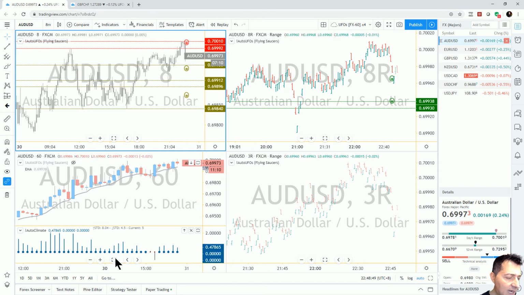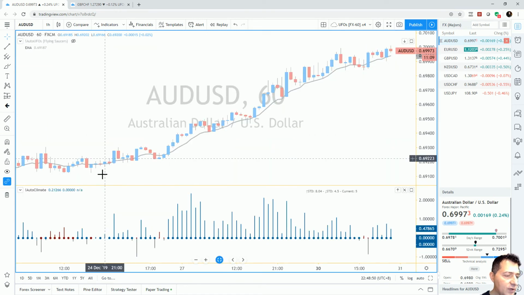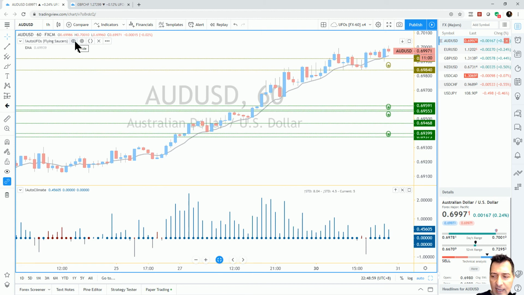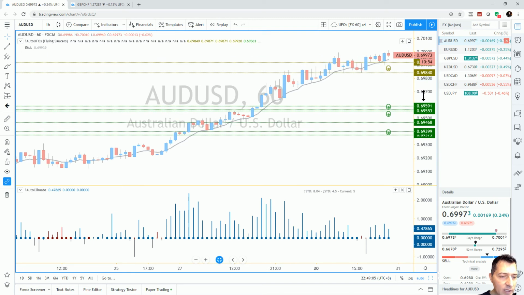So let's take a look at a potential target for the Aussie US dollar. We're going to do that using the common time frame 60. We are going to activate AutoUFOs to find out where the next red UFO is located in this particular time frame.